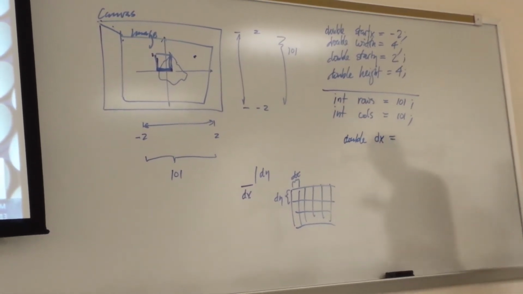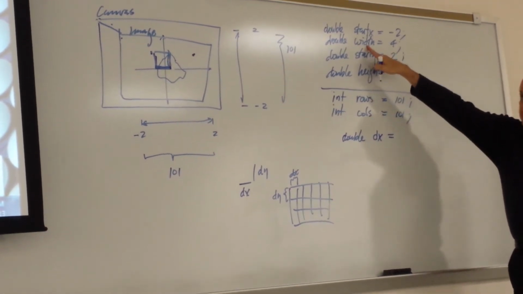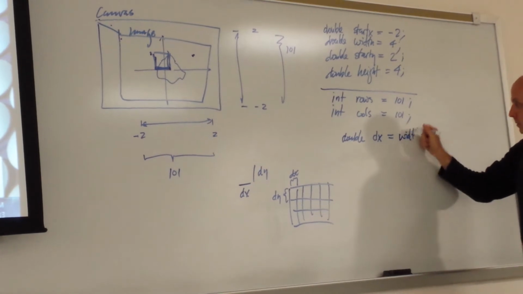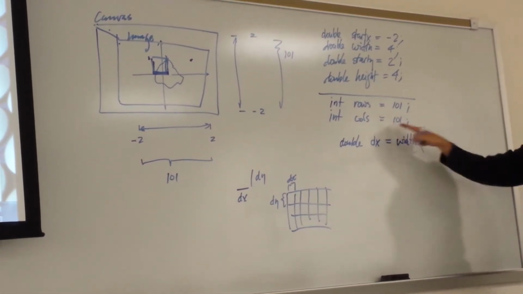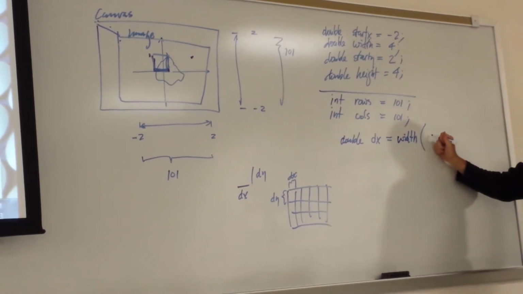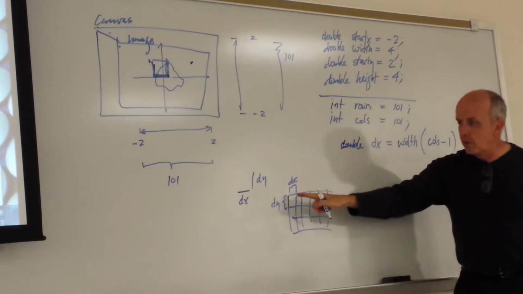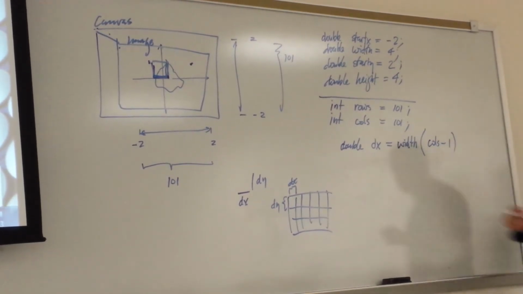So that one's easy. In the x direction, I've decided what the width is. So it's just the number of columns, this divided by the number of columns minus 1. That defines how far apart two columns are in units of the complex plane.